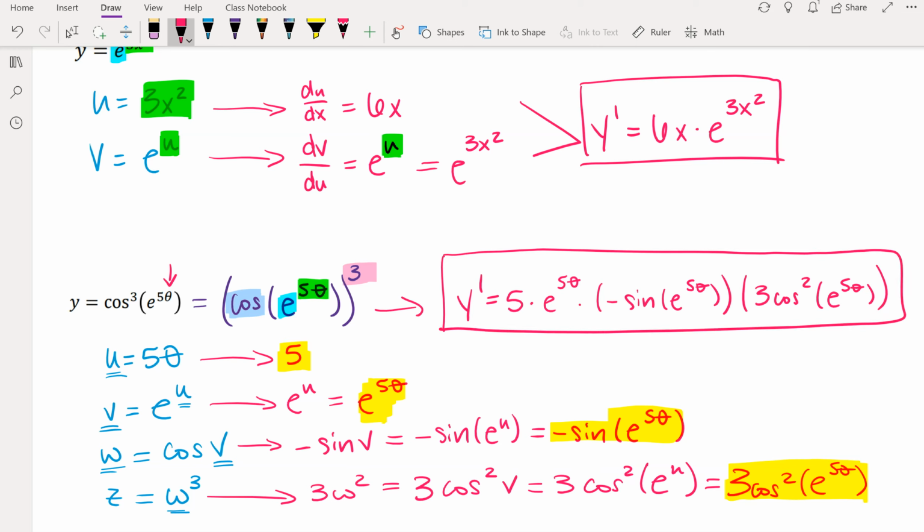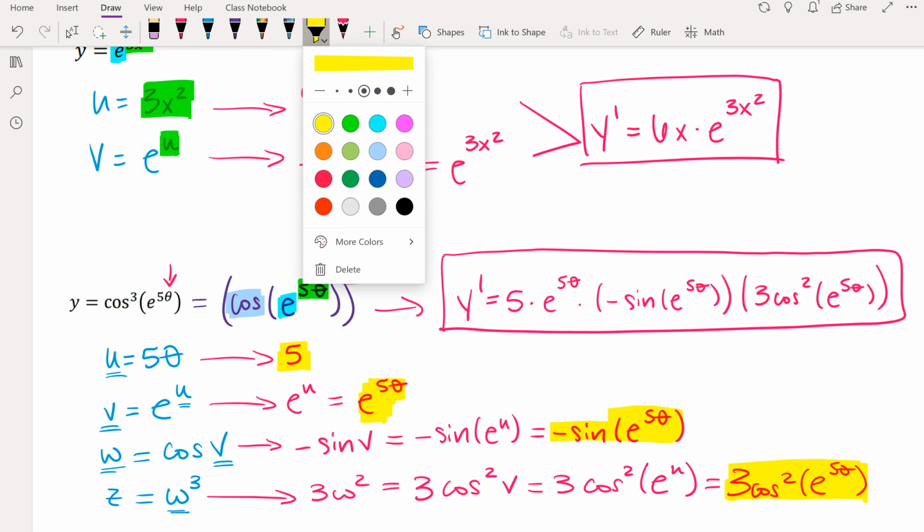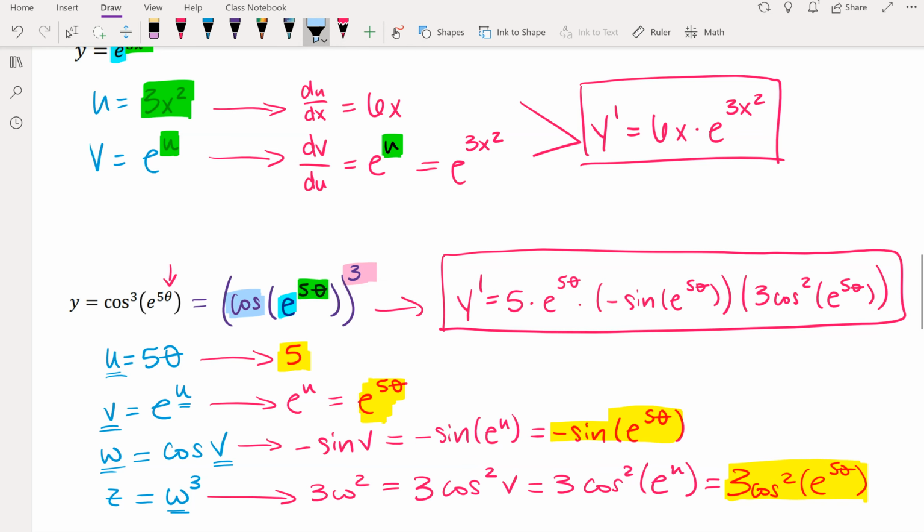So cool. All right, just as a heads up, I told you I'd highlight it in a second. I just wanted to let y'all know what I was doing here. U was 5 theta, so that's why I put 5 theta here, right? V is e to the u, so that's why I put e to the u here, but then remember u was 5 theta, so that's why I put 5 theta here.